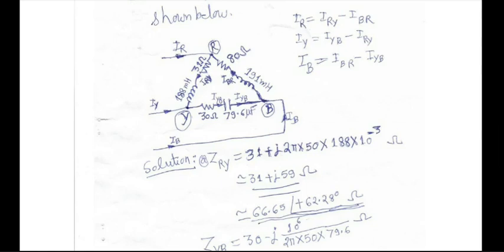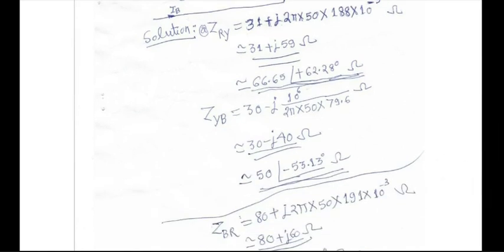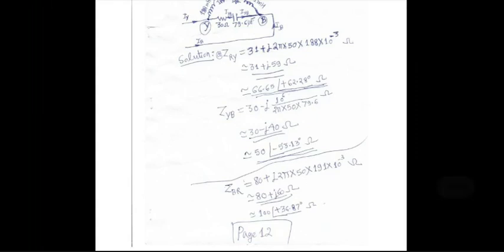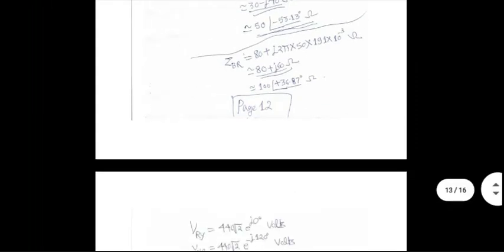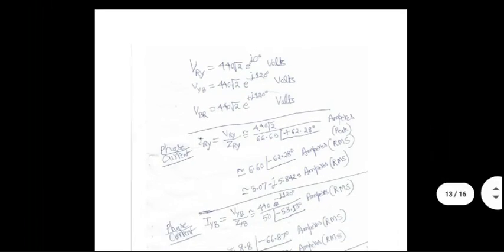ZRY, you have to calculate carefully. ZYB, very carefully again, and ZBR also very carefully again. Theory is not difficult, it is the implementation that takes a lot of effort and double checking.